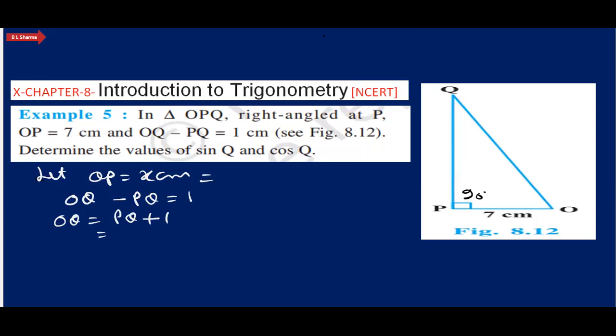So we can write X plus 1. So here, if we consider this X unit, then this will be X plus 1 unit.